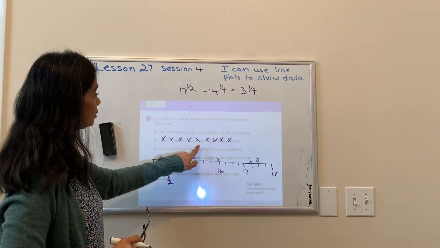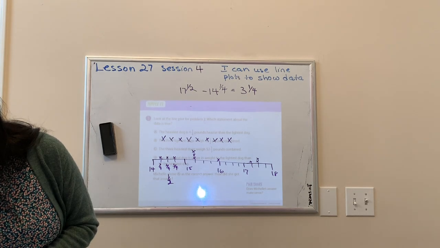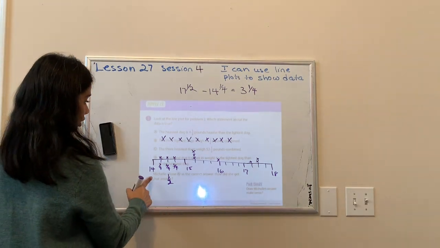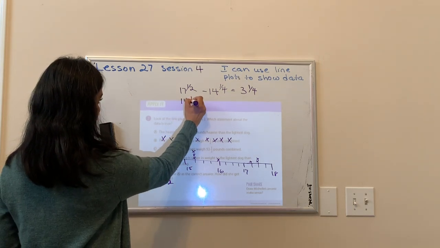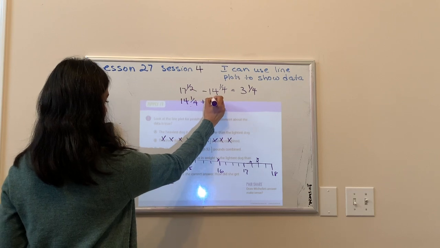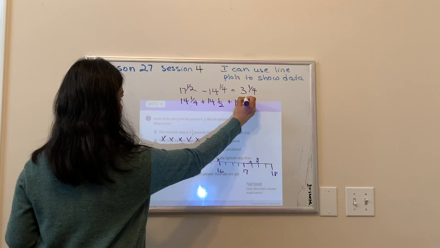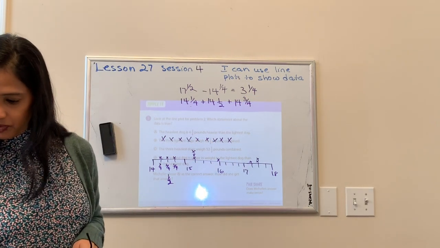The three lightest dogs weigh 43 1/2 pounds combined. So let's look at the three lightest dogs. This one is 14 1/4 plus 14 1/2 plus 14 3/4. And how much do we think that is?